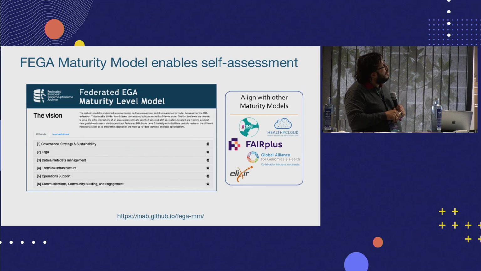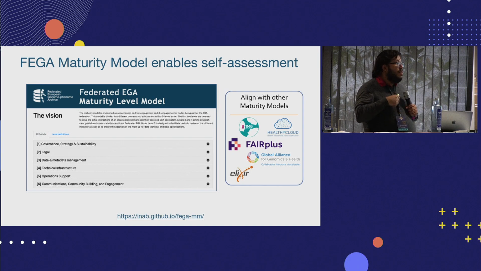So I was talking before about the maturity model. There is a self-assessment model to understand what setting up a federated EGA node means, that covers 6 different aspects, from governance to legal to the technical infrastructure, but also takes on the communication, community building, and engagement.